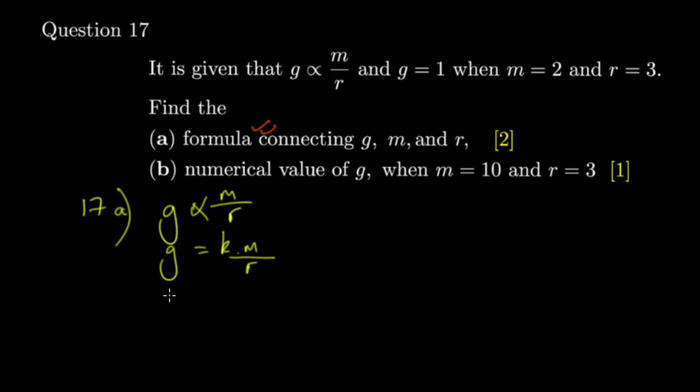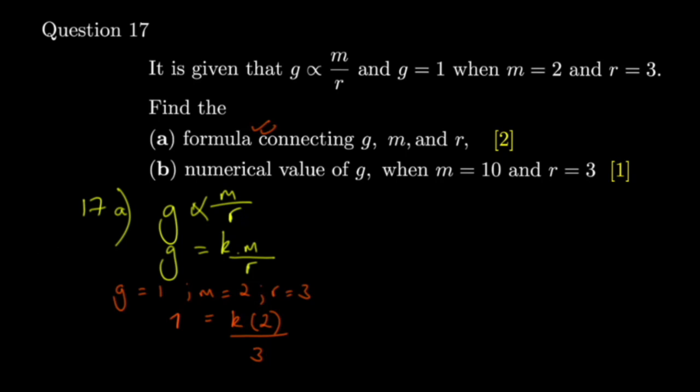So we're given that when G is equal to 1, M is equal to 2, and R is equal to 3. So this is a data set. These are the conditions that we use to determine the value of K. So G equal to 1, K here, M 2, and R, it's 3.